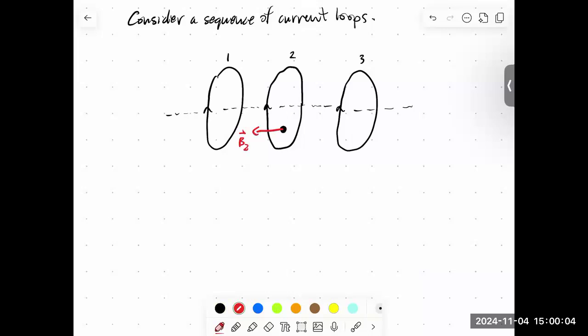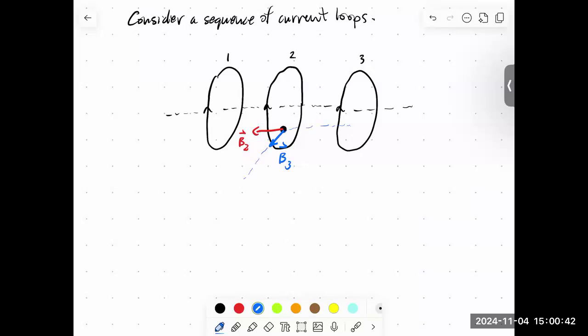Okay, so this is our B2. Now, let's think of, say, this one. Well, it's making field lines that are going to be curling around like so. And so at this point, it has a magnetic field B3 that looks something like this, right? I can't draw it perfectly, but it's something like that. I've drawn B3 a little bit shorter than B2 because the source of the current is further away, and so we expect the magnetic field to be weaker.